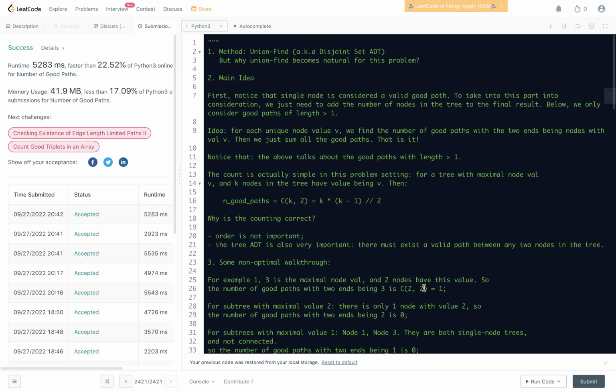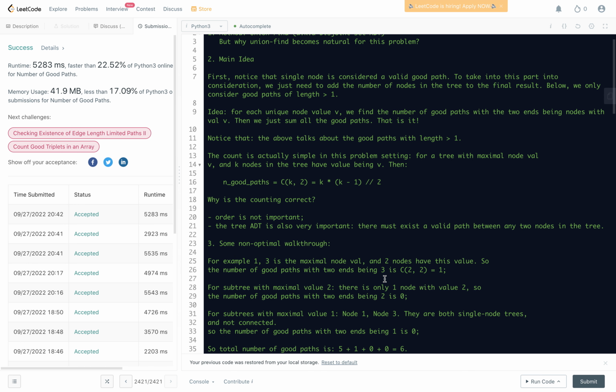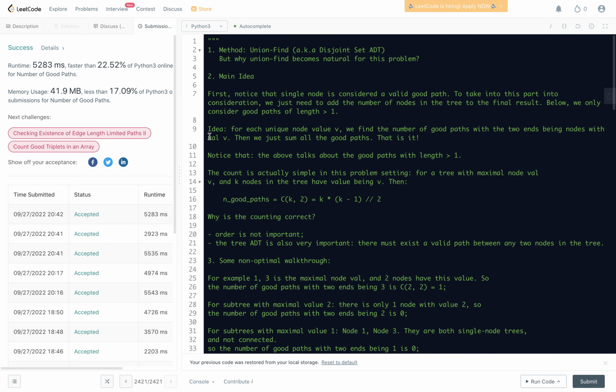So let me give a quick summary. The technique we used is union find, and two points to notice are, first, this union find is actually very natural, and secondly, the tree data type is also very important, because in a tree, for any two arbitrary nodes, there is a unique simple path in between.